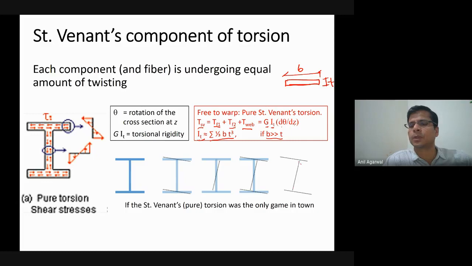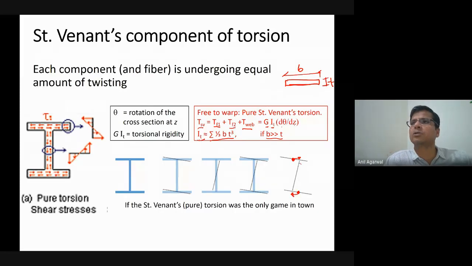Only twisting will create this lack of compatibility. So what has to happen now is that for the web to twist, the flange cannot stay in its original position. That means the centroid of the flange cannot stay in its original position. The centroid of the flange has to move this way, and the centroid of the flange here has to move this way.